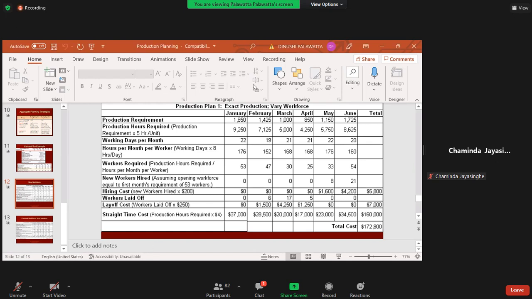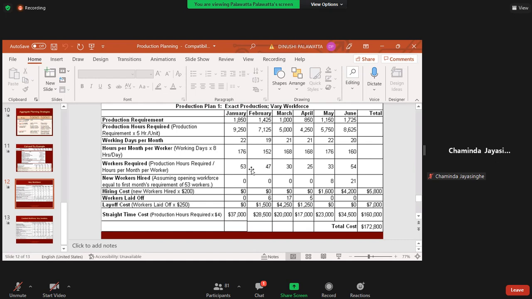And then go to February. In February, the production hours required is 7,125. That is the production requirement 1,425 multiplied by 5, you get 7,125. And then you have 152 hours in the month. 7,125 divided by 152, you get 47 workers.